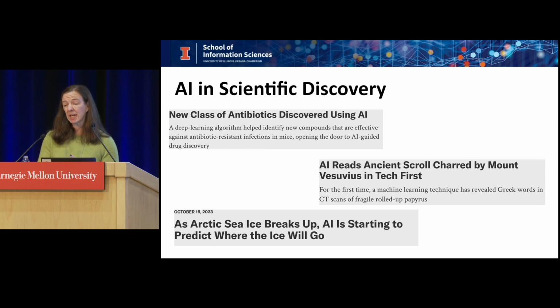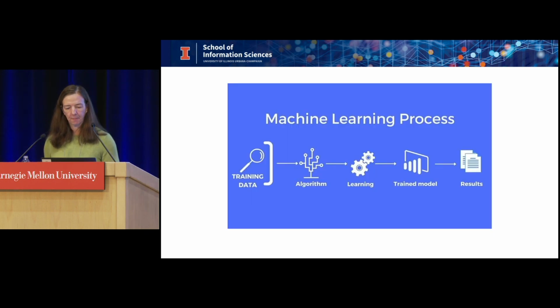They're actually sharing data with competitors, kind of co-opetition, to do things faster. In terms of that data sharing, again, they're incentivized to do this. And I thought this was really cool: the ancient scrolls that you can't unravel because they're all charred and crispy, they were able to use some machine learning and, I think, CT scans to read the ancient Greek on them.